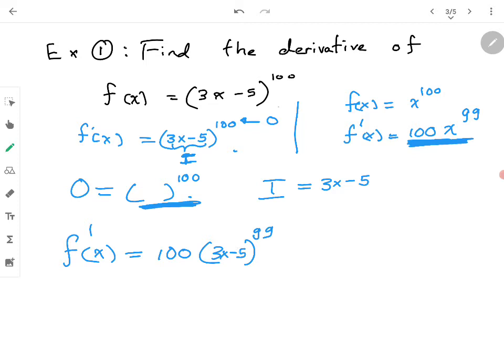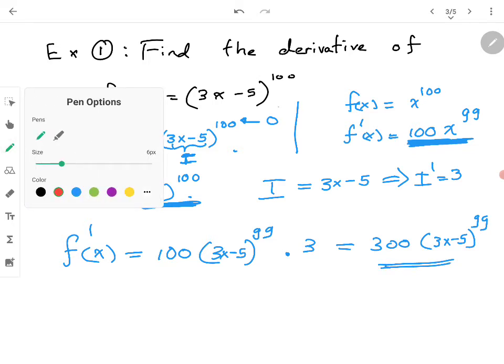So you don't mess with the inner part in the first term. You just keep the inner the same. Then the second part of the chain rule is you multiply by the inner function's derivative. So the derivative of 3x is 3, derivative of minus 5 is 0. So 3. So to get the final answer, just simplify this: 300 times 3x minus 5 to the 99.